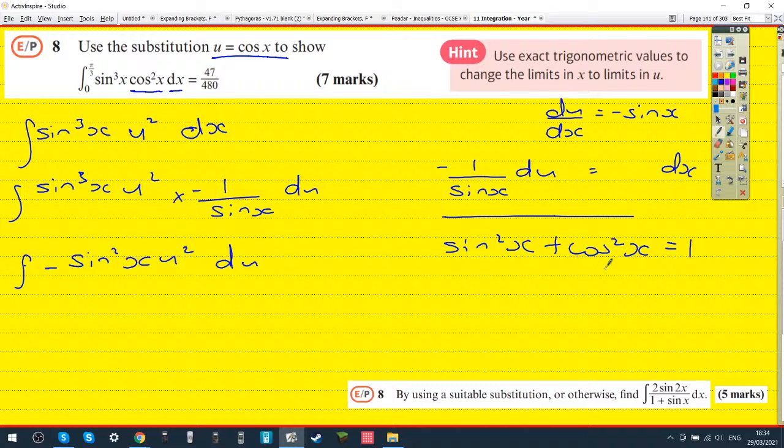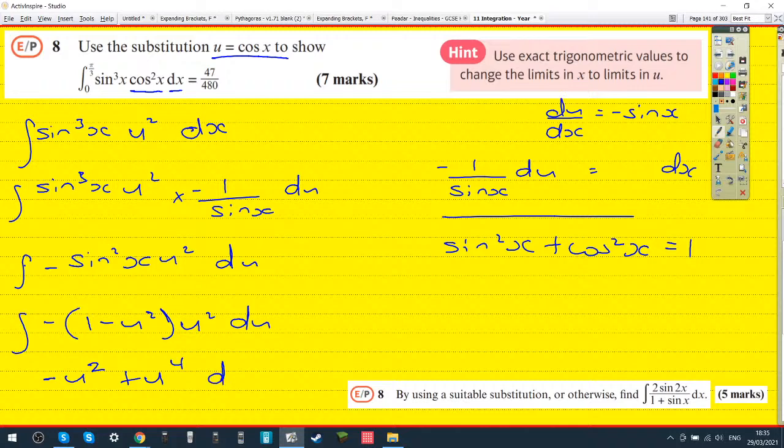I think it'll be 1 minus u squared. That's great. And so we've got minus 1 plus u squared times u squared, which will be minus u squared plus u to the 4.